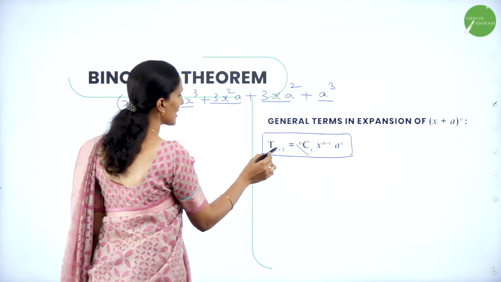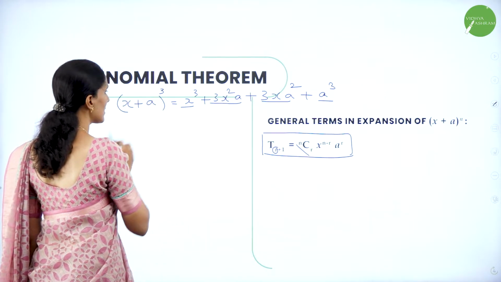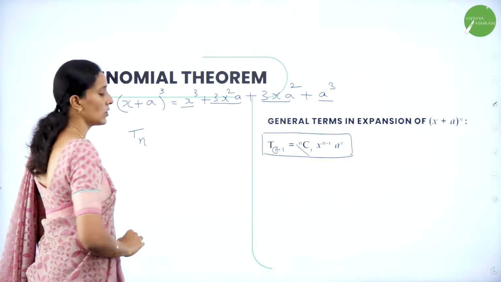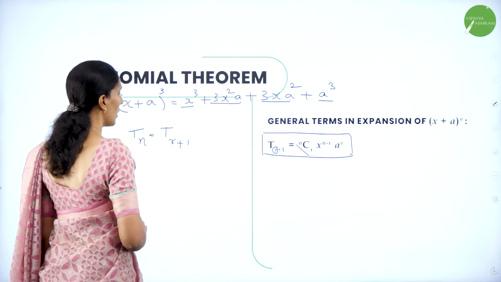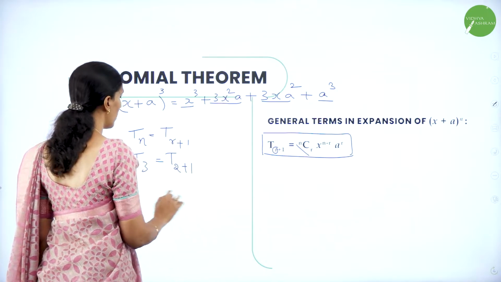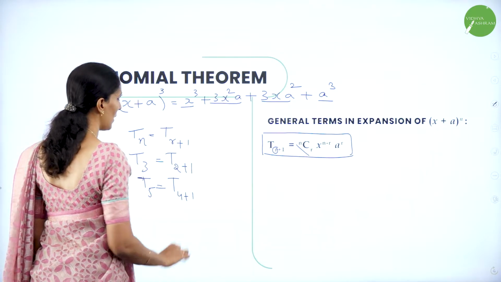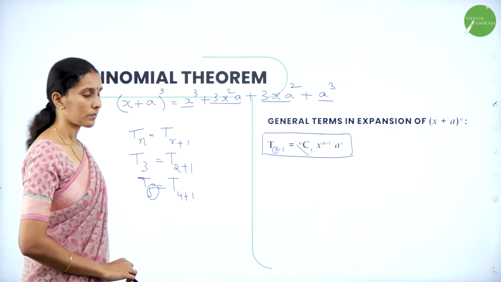So, what is this r? This is Tn, and Tn is treated as T(r+1). If you want third term, this is nothing but T(2+1). If you want fifth term, it is nothing but T(4+1). So, r is 1 less than the given term.